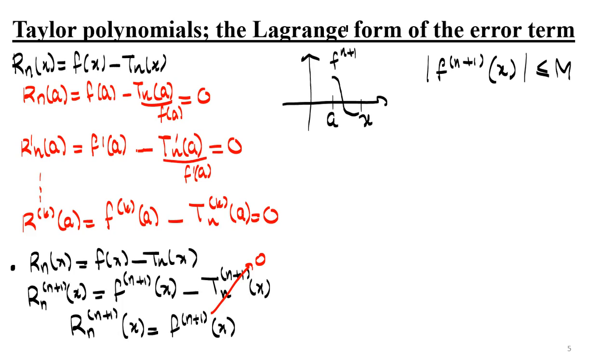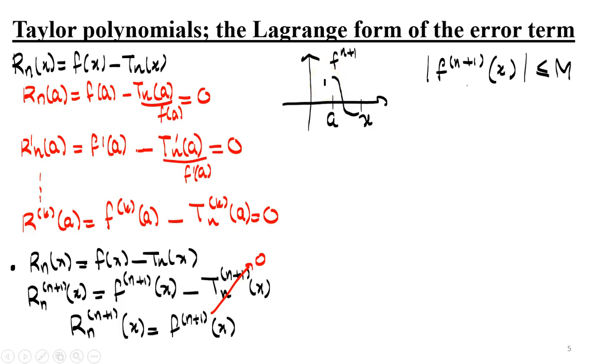So I'm just interested in knowing how far the Taylor polynomial is from the actual curve of the function. That is why here we consider the absolute value of the derivative of order n plus 1 to be bounded, or smaller than the value of the maximum of the curve over that interval.